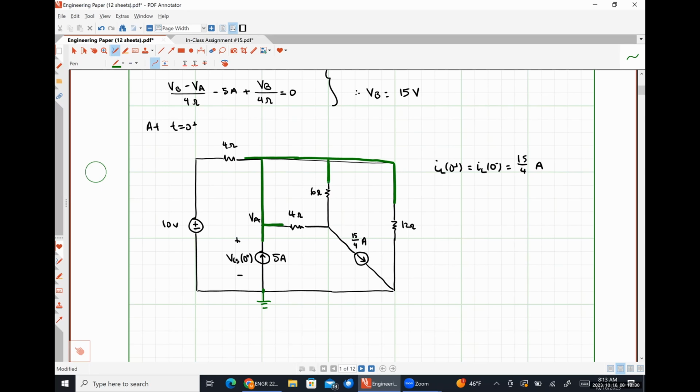This is my node VA. Oh, I might have overcounted my nodes. This guy is going to be VB. This guy is going to be ground. And just for the sake of argument, I'll highlight this one up here, but we know that its value is just 10 volts. So I'm just going to write it as 10 volts in my equations.